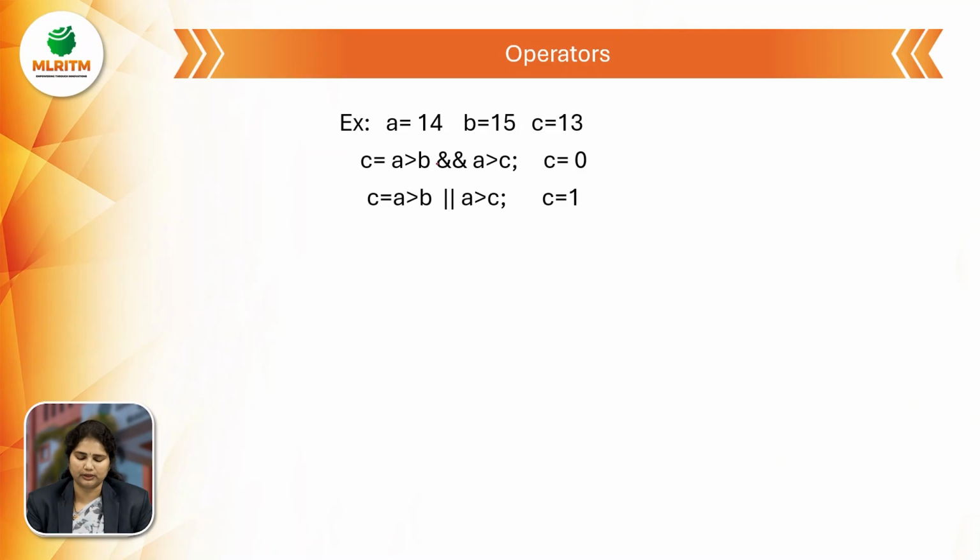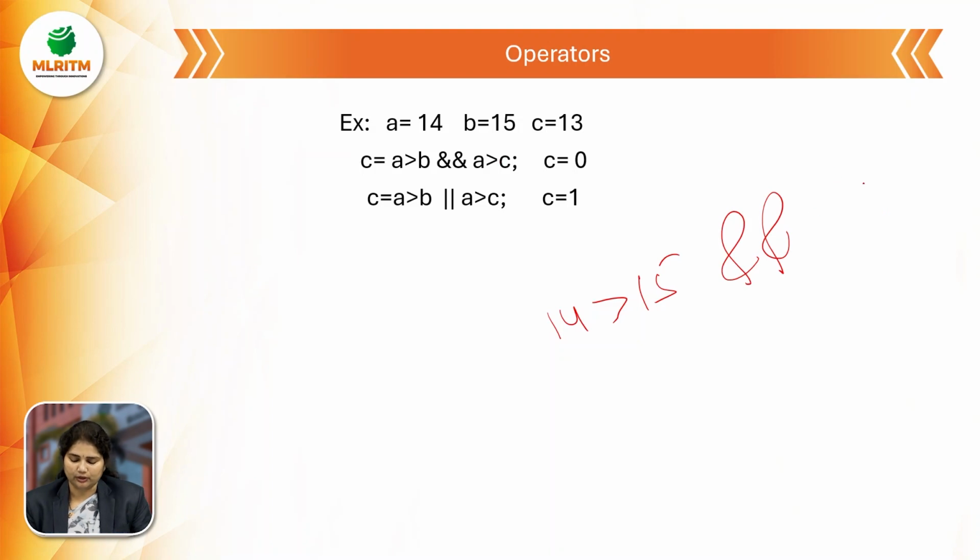Now coming to this example, a equal to 14, b equal to 15 and c equal to 13. These variables we are taking. A greater than b, double ampersand, a greater than c. Now a value is 14, greater than b, which is 15. This is one expression, and we are using logical and.